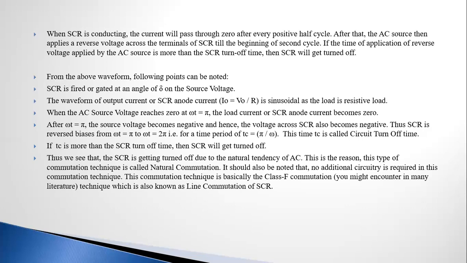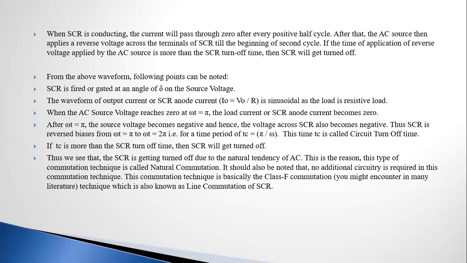So the SCR is reverse biased from omega t equals pi to omega t equals 2 pi, that is, for a time period Tc equal to pi by omega, and this Tc is called the circuit turn off time. If the circuit turn off time is more than the SCR turn off time, then the SCR will turn off. Thus we see that the SCR turns off due to the natural tendency of AC.